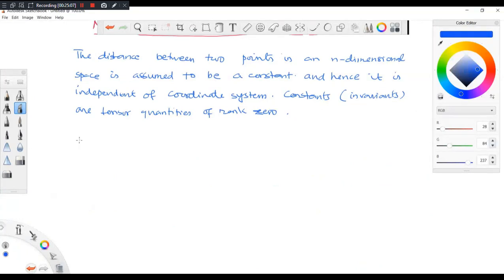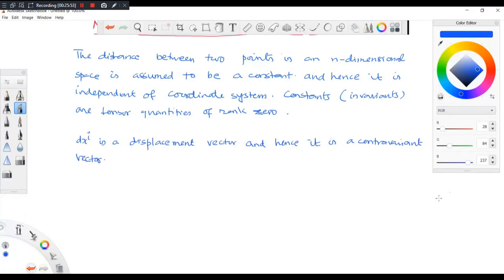Now dxi is a displacement vector, and hence it is a contravariant vector. Why is it a contravariant vector?